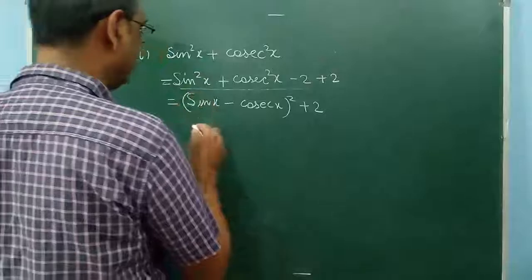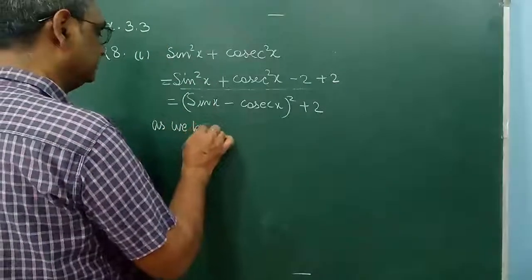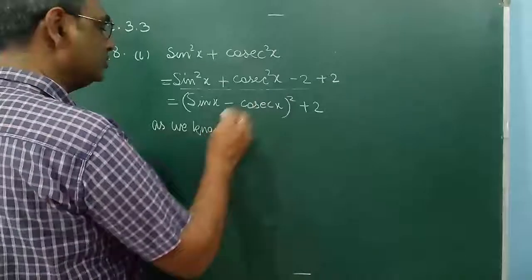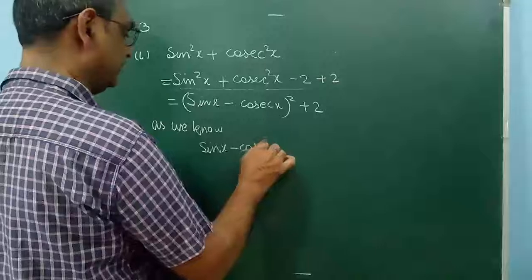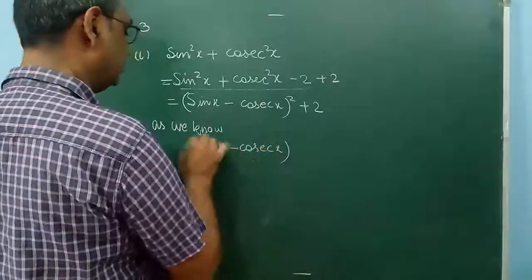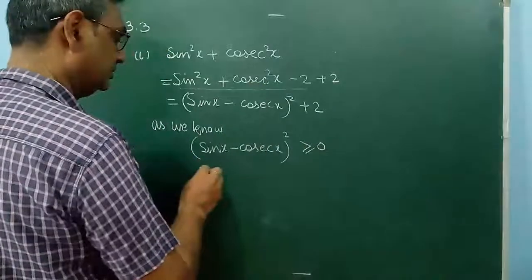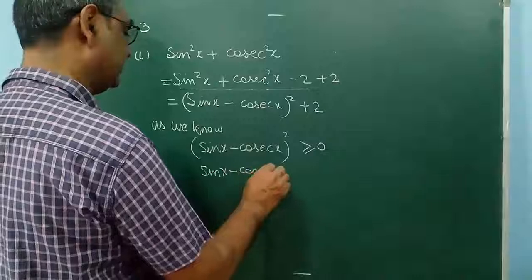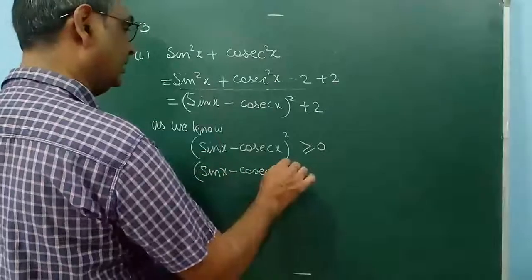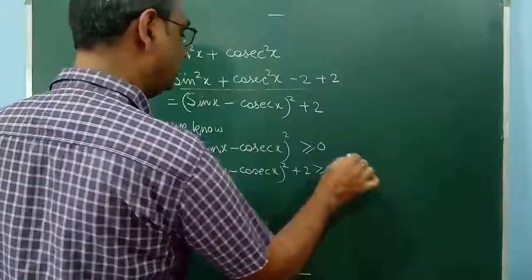Now we know this is a square, so this will always be positive. So the minimum value of this can be 0 or greater than 0. Now you add 2 to this on both sides.